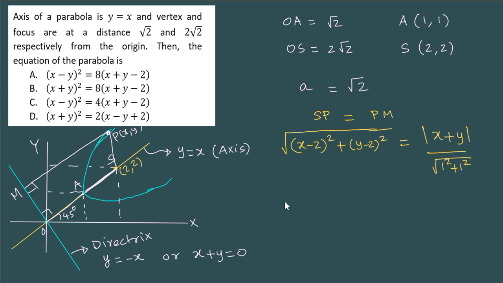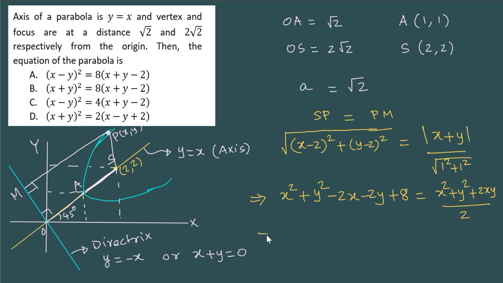Now on the right hand side, in the denominator we have root 2, so we can square on both sides. If I square on both sides and then open up everywhere, I get x square plus y square, and then I have minus 2x minus 2y, so there is a 4, there is a 4, so that is 8. And then I'm squaring on the right hand side as well, so I have x square plus y square plus 2xy by 2.